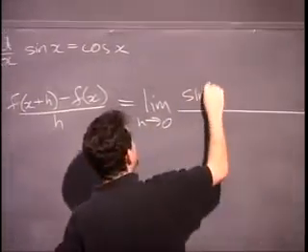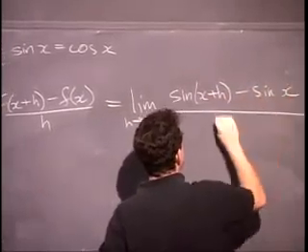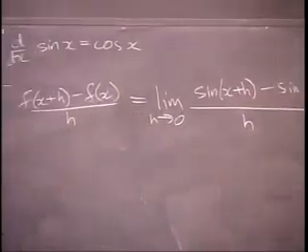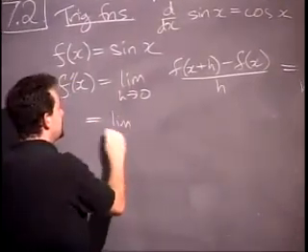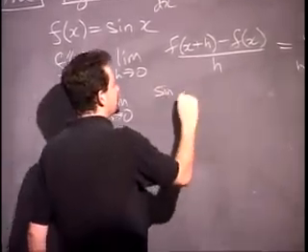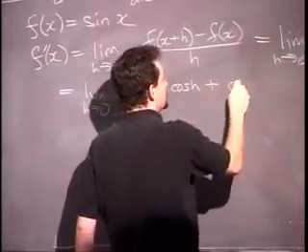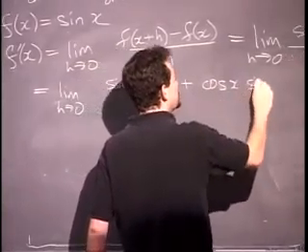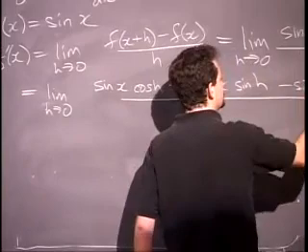This is sine of x plus h minus sine x over h. Now, in the very first class, I showed you that you can bust up the sine as sine x cosine h plus cosine x sine h. And then we still have the sine x.